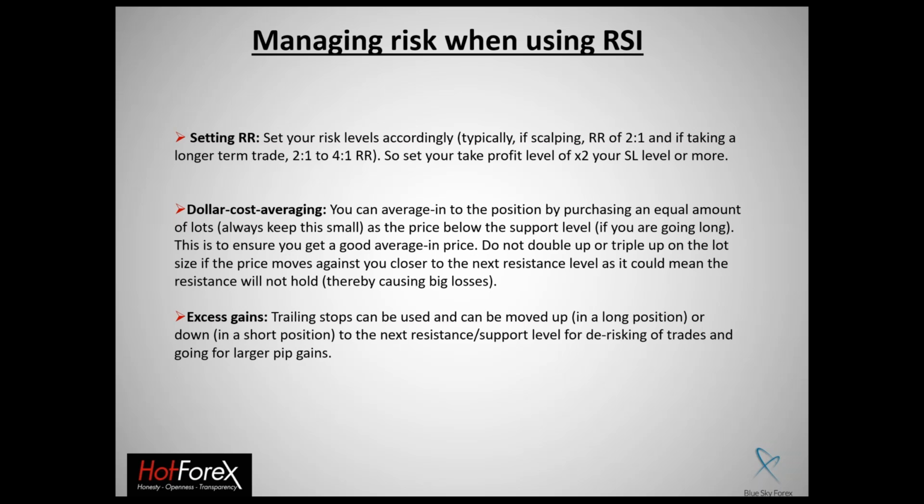Now, if you take it a step further, and if you consider yourself an intermediate trader already, you have some experience on the market, then you can apply a reward risk ratio of 2:1, which means your take profit level is 2 times the distance of your stop loss. So if your stop loss is 30 pips, then your take profit is 60. Essentially you are increasing the potential rewards while keeping the potential losses the same.